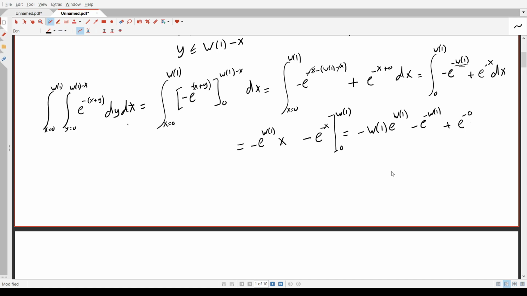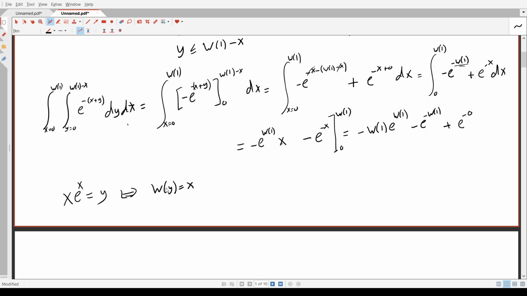So there's one last simplification that I can do. This is going to be 1. This, I'm not going to bother simplifying. But this one I can actually simplify, because what did I say W was? I said that W was the inverse of this function. Okay, so that means that x e to the x is equal to y, but this is the same as saying that W of y equals x, right? So it's the thing that undoes this function.